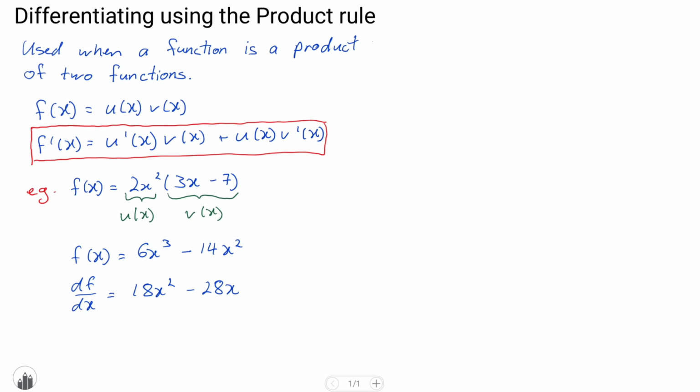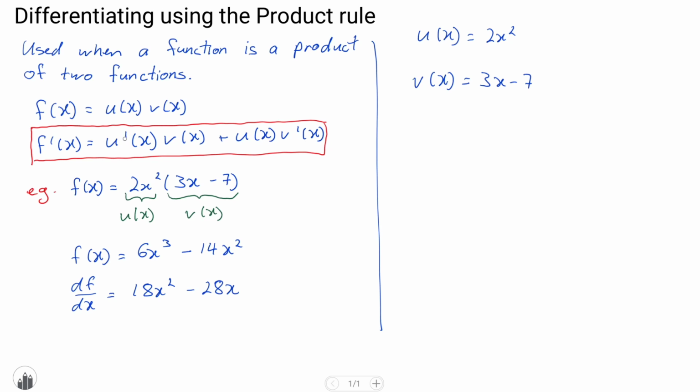Now, we're going to do the same thing, but we're going to be using the product rule to do this. So in our case, at the moment, our u of x is equal to 2x squared, and our v of x is going to be 3x minus 7.